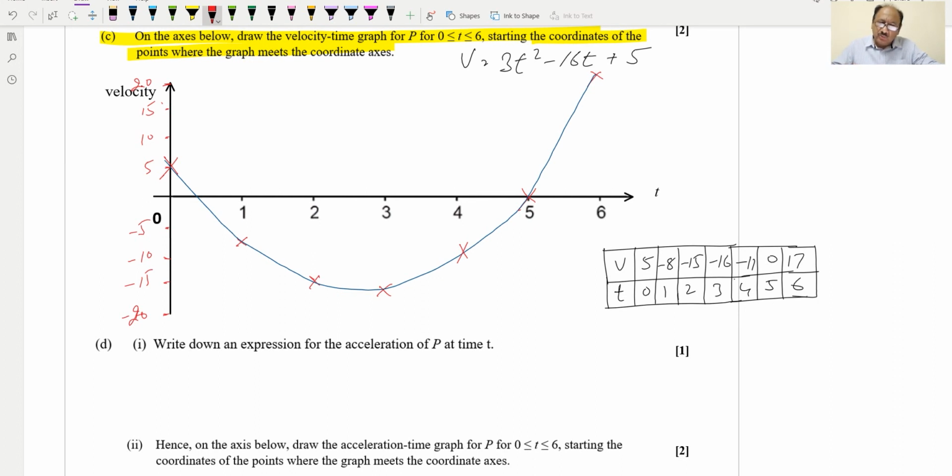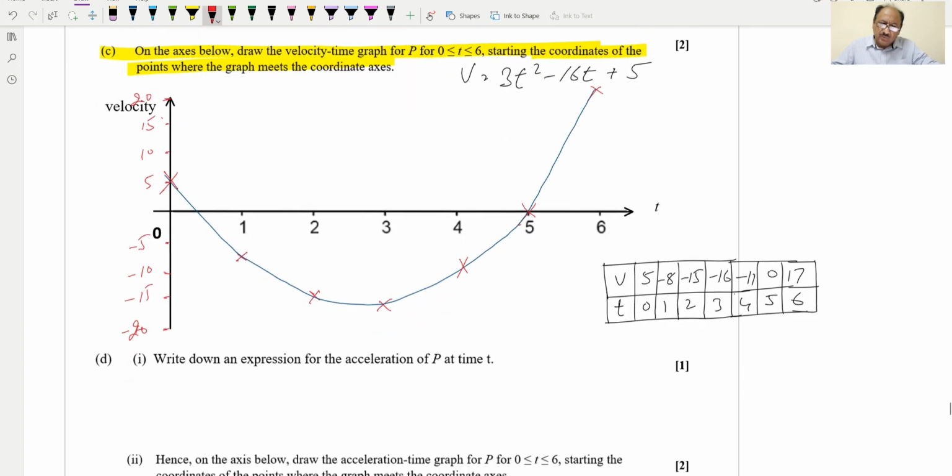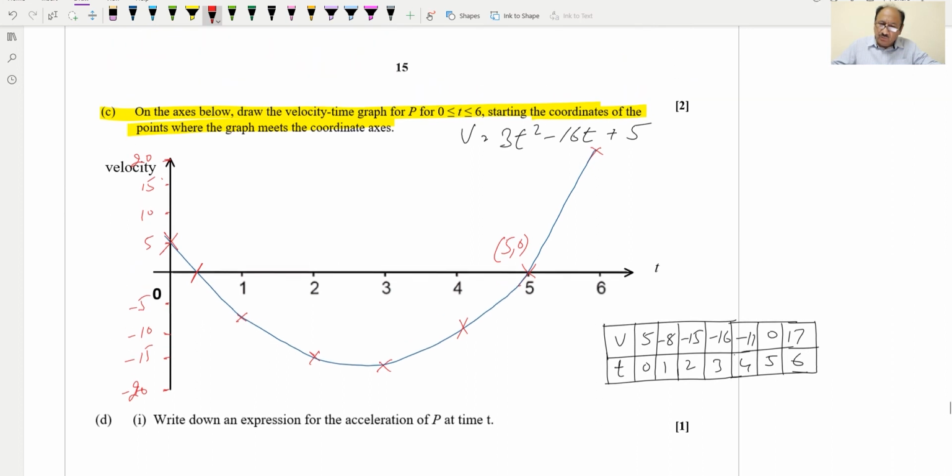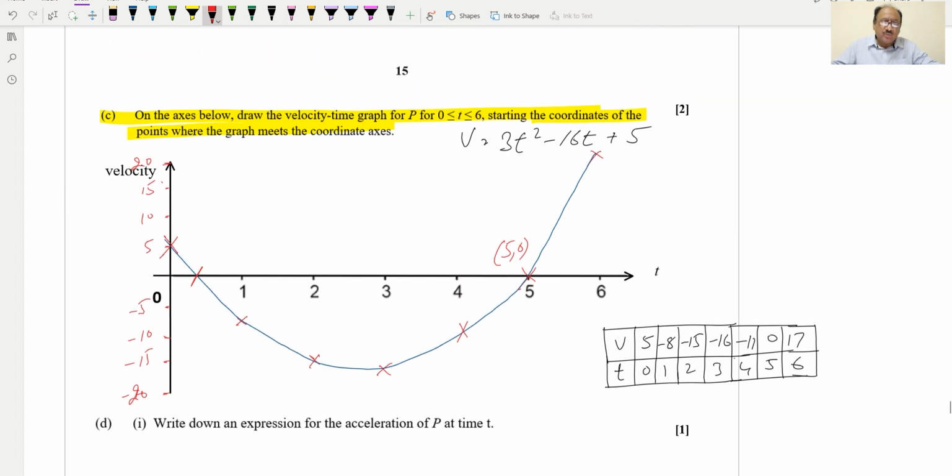Now state the coordinates of the points where the graph meets the coordinate axis. So one will be this one, which is 5 and 0. Then for t equal to 0 we can state the coordinates.